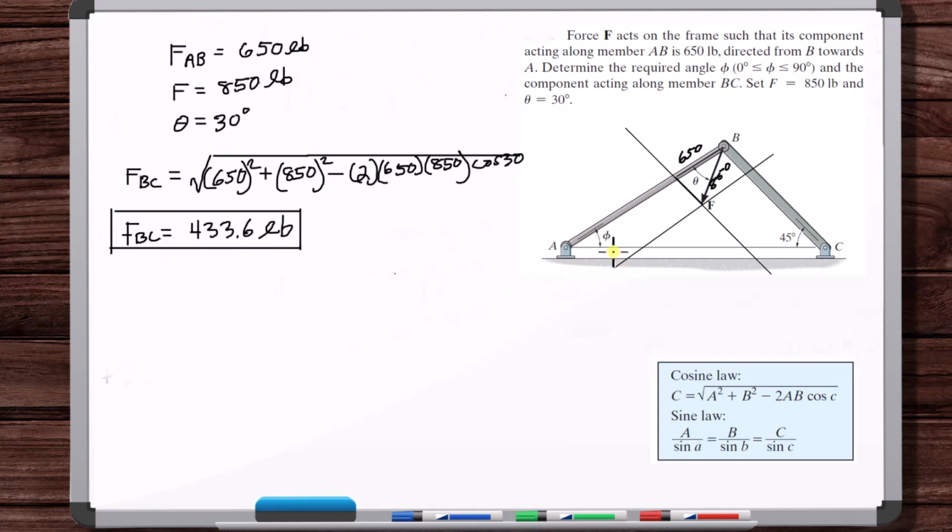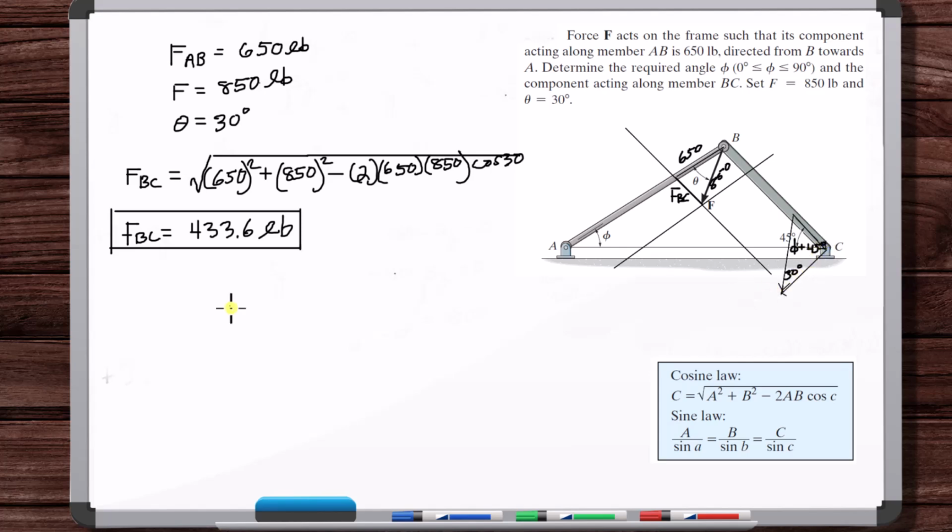Now we just need to find this angle. What you can do is look at it this way. Imagine this is FBC and this is FBA. That's the resultant force, F. So this is 30 degrees, and this must be psi plus 45 degrees.